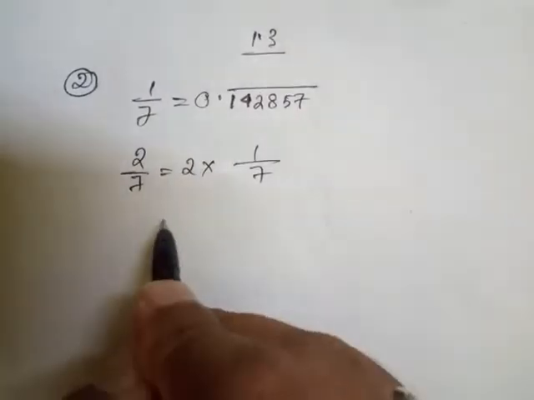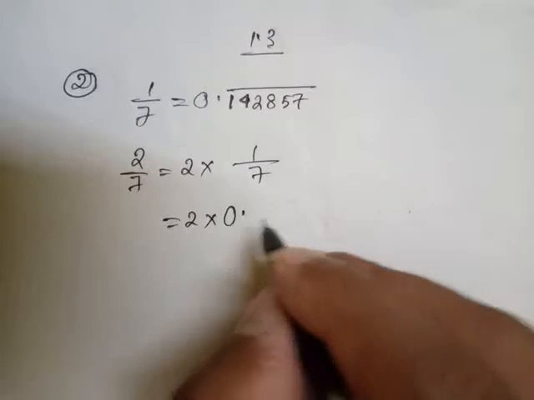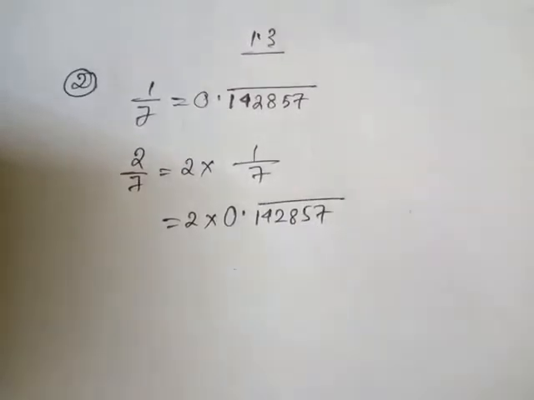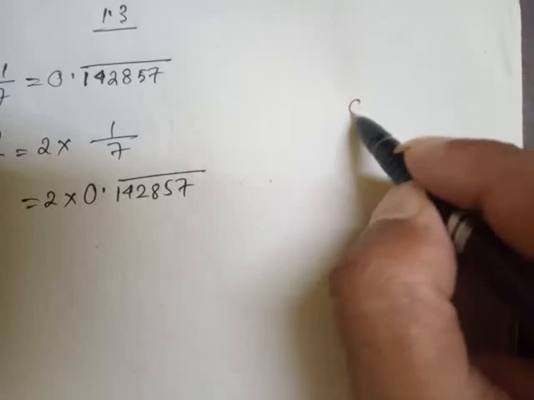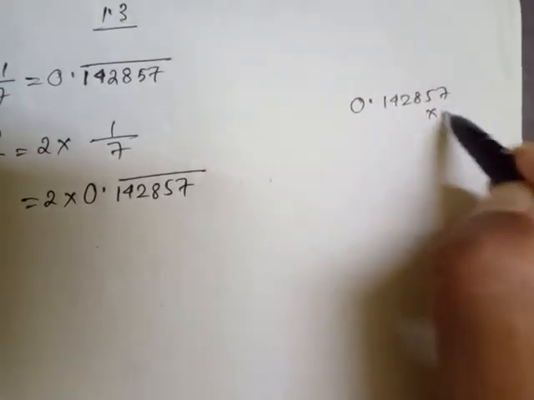We can write 2 into the value of this one, 0.142857 bar. Now look here students, by the side here I am showing you a demo for multiplication of this decimal expansion: 142857 into 2.